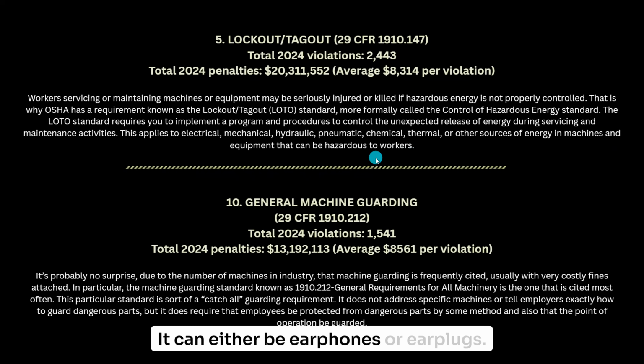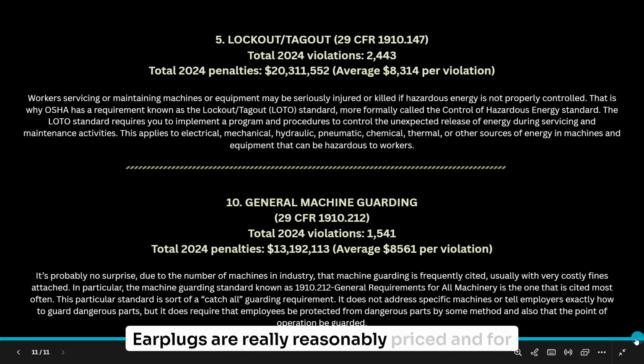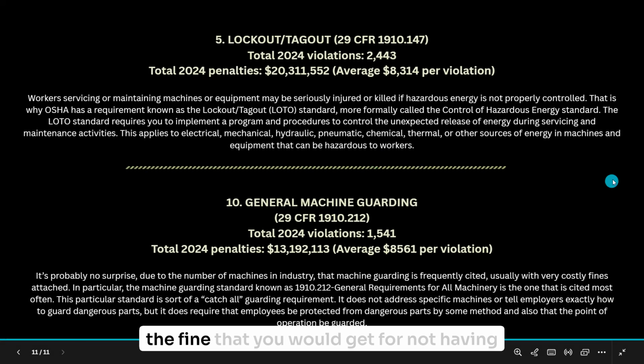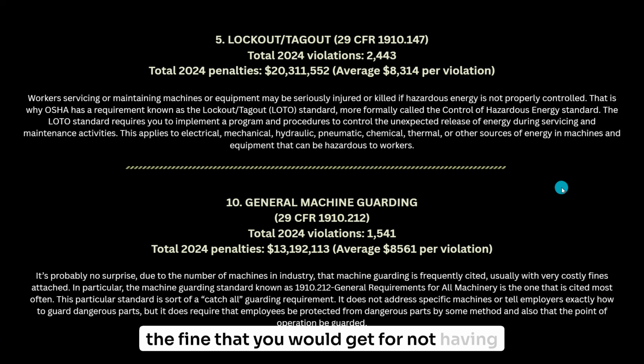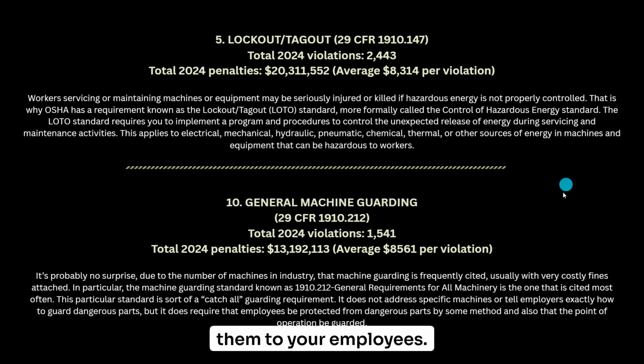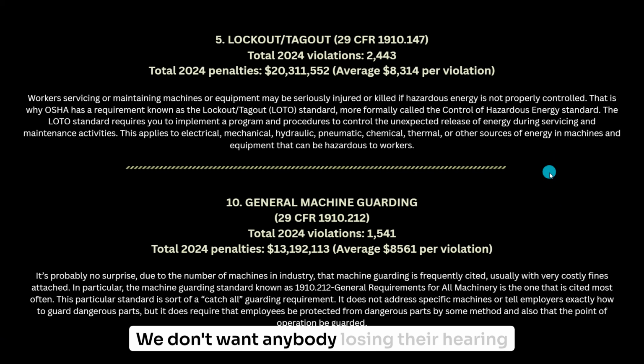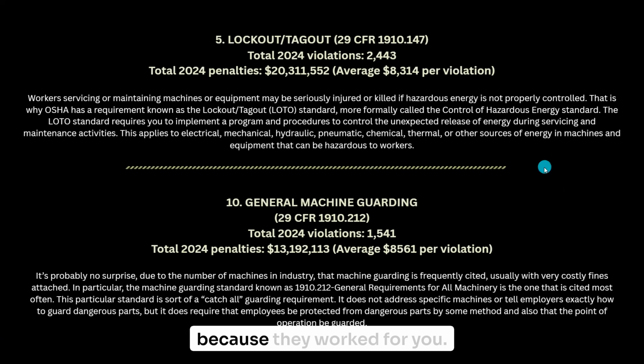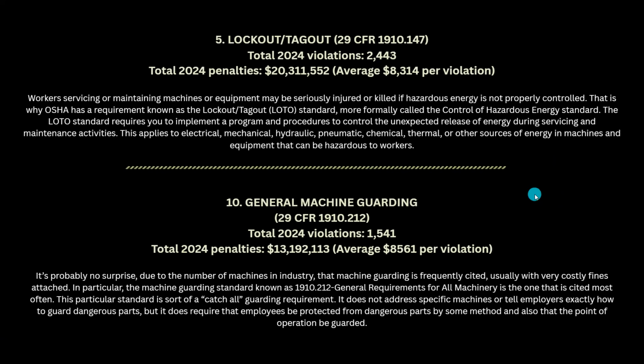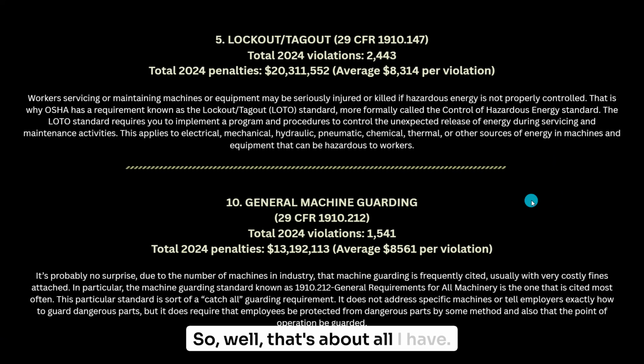It can either be earphones or earplugs. Earplugs are really reasonably priced, and for the fine that you would get for not having that, it is just not worth it to not give them to your employees. We don't want anybody losing their hearing because they worked for you. So, well, that's about all I have.